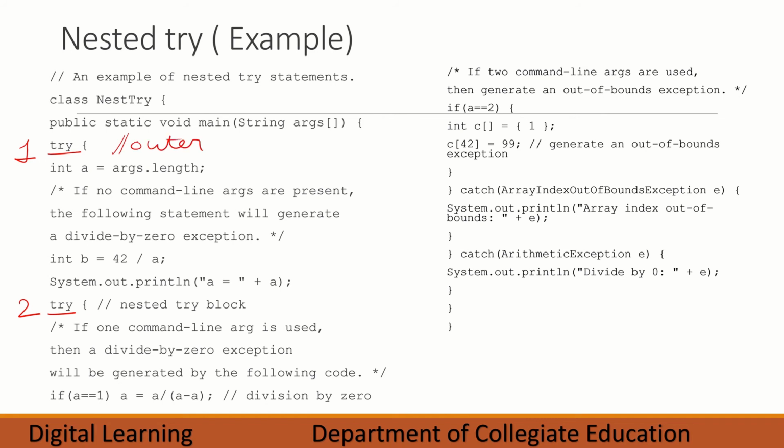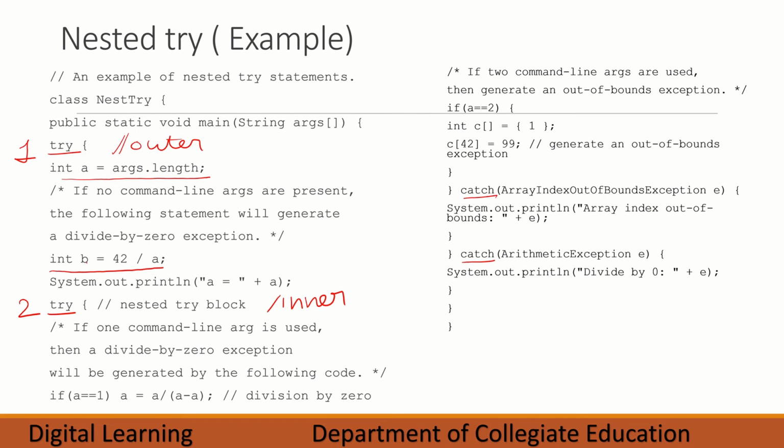The point to be noted is that whenever an inner try generates an exception, that particular exception can be caught by both the inner catch and the outer catch. Let us consider this example. We have a is equal to args.length and we are trying to find b is equal to 42 divided by a.